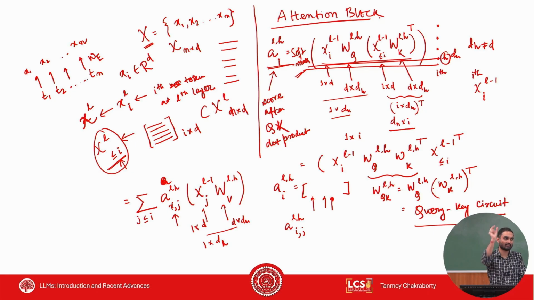But in the residual stream the size should be D. So I need to again project it to D. For that I need another matrix which will be multiplied here, which we call the output matrix, W_O^(L,H). What is the dimension of this? The dimension is D_H times D. So this will produce 1 cross D, right?